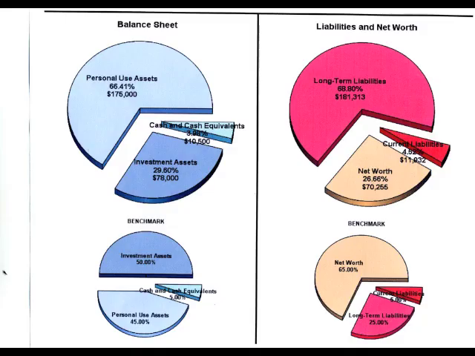And again, here is a graphical depiction of the balance sheet we just looked at. You can see that your personal use assets are 66.41%, and as you compare that to the benchmark below, that is a little bit high. And more importantly, on the right side, when you look at your liabilities and net worth, your long-term liabilities are pushing 70%, whereas the benchmark would be 25%.